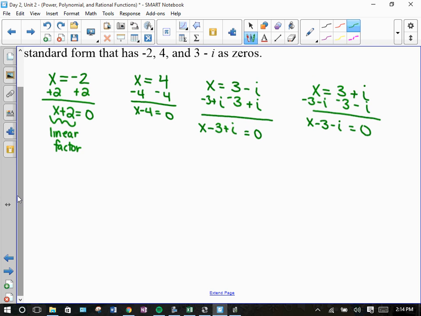Once I have my linear factors, I'm going to write my polynomial: f of x is equal to linear factor number 1 times linear factor number 2 times linear factor number 3 times factor number 4.